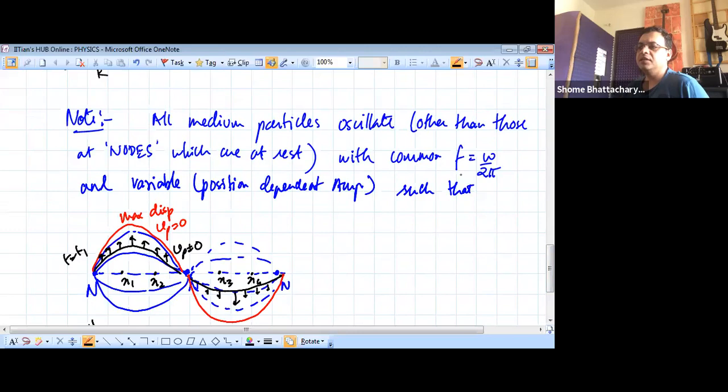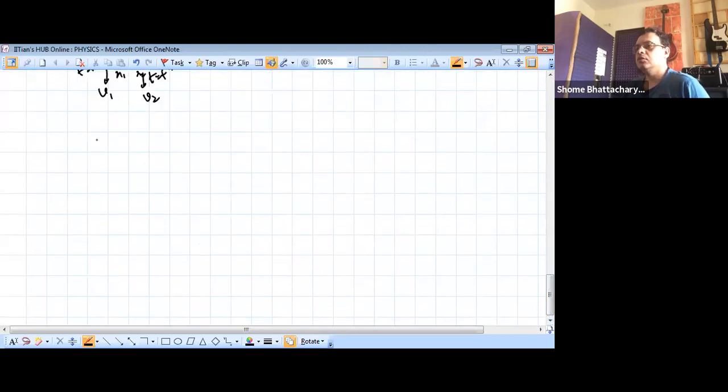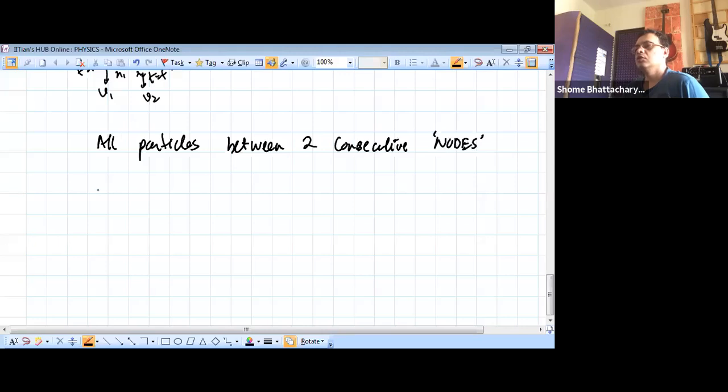While all medium particles have a common frequency and in general different amplitudes, all particles situated between two consecutive nodes oscillate in phase.